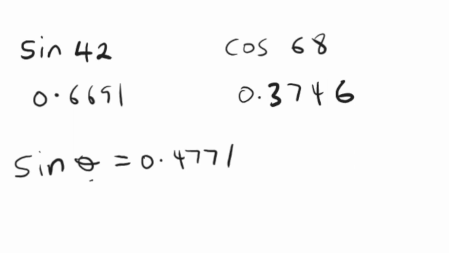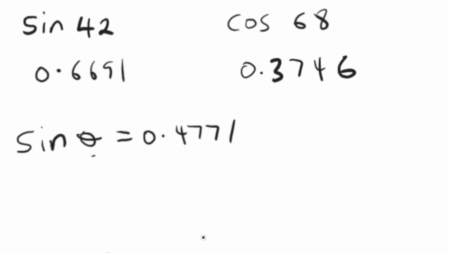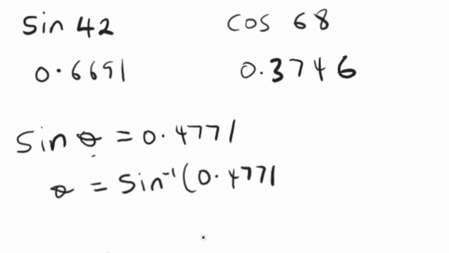If you remember, sine inverse of that, because the calculation is simple, just using your algebra, theta is equal to, as I did with tan, sine inverse of 0.4771, and then you put it in your calculator.